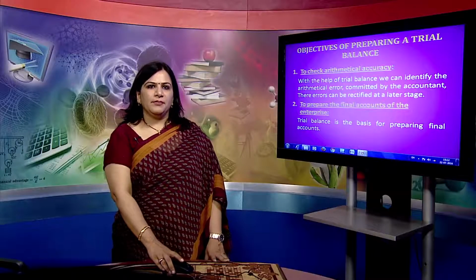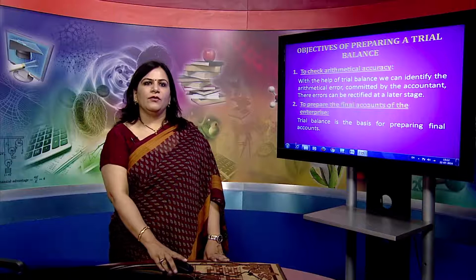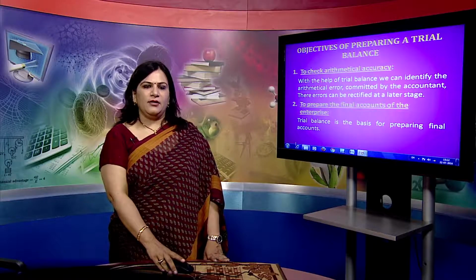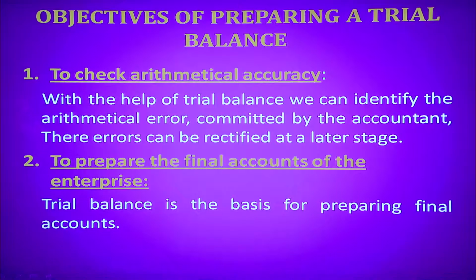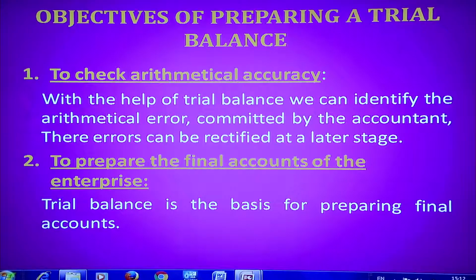The main purpose or objectives of preparing a trial balance are, first, to check the arithmetical accuracy. With the help of a trial balance, we can identify the arithmetical errors that are committed by the accountant, and these errors can be rectified at a later stage. Second is to prepare the final accounts of the enterprise.